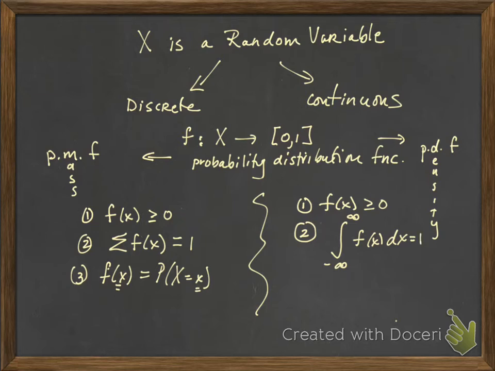So those are kind of similar. This time, the probability density function evaluated at a particular value is not the same as the probability. But the probability that your random variable is between, let's say, a and b is equal to the integral from a to b of your probability density function.